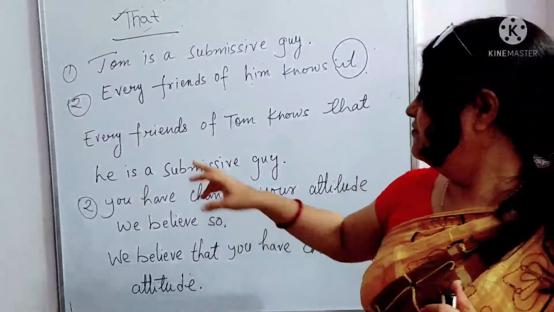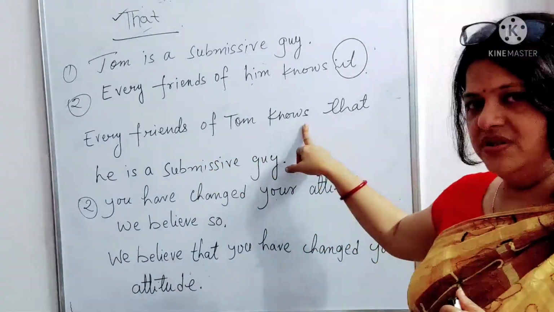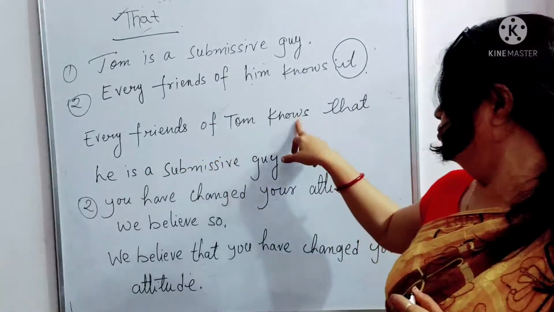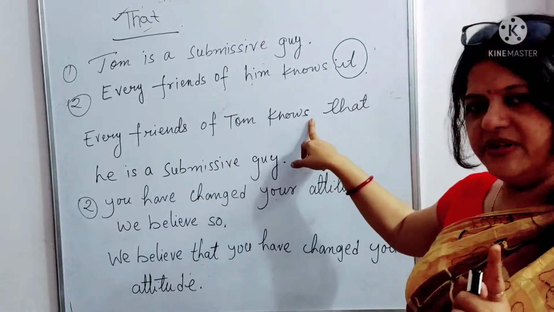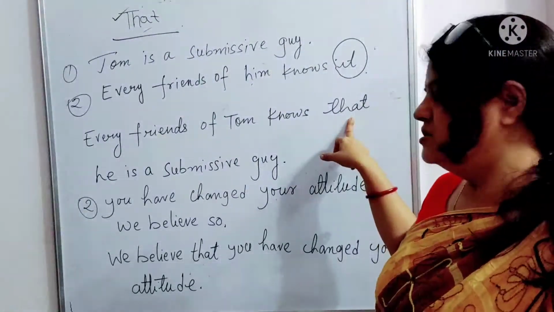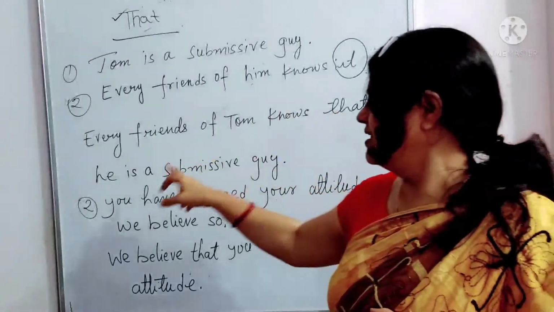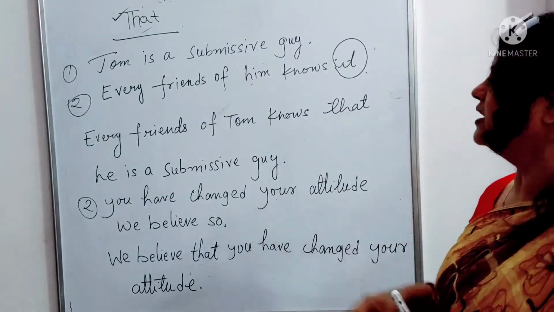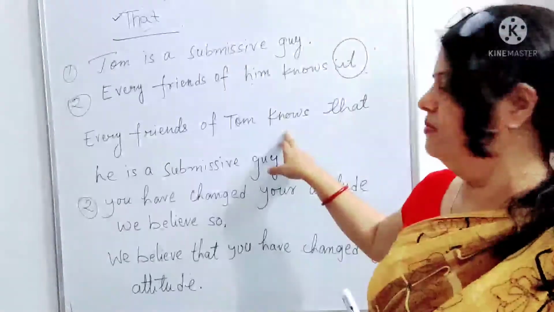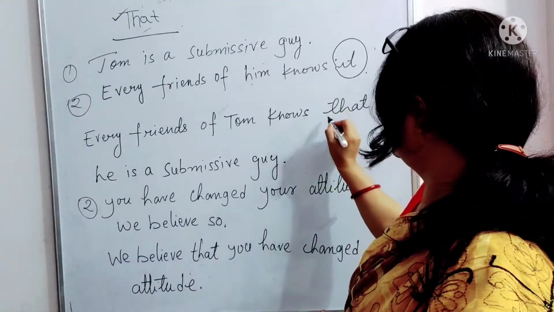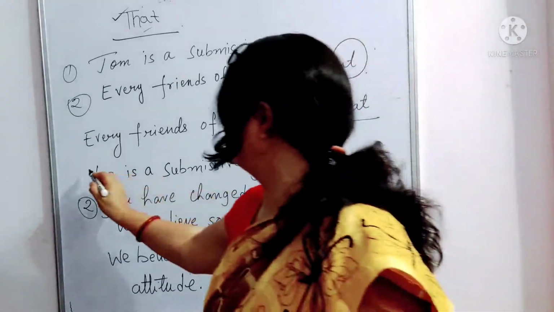And now what happens? Just see, every friends of Tom knows, till here we have principal clause, and then we have used this subordinate conjunction that, and then the rest of the sentence, that he is a submissive guy. So we know that every friends of Tom knows, this is a verb, and after verb this subordinate clause is coming.